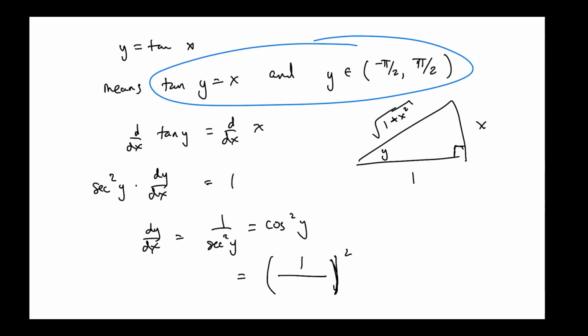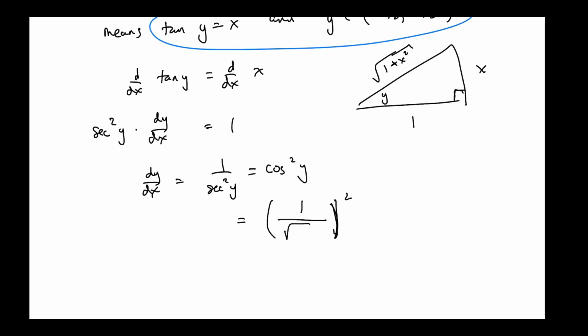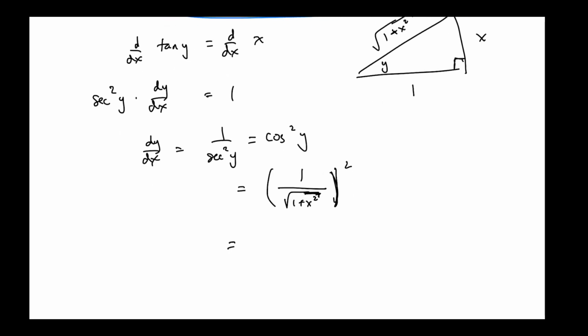Because cosine is what, in SOHCAHTOA? Yeah, adjacent over hypotenuse. So the thing in the parentheses is the cosine. But of course, we had that thing squared. So what happens to the square root? Disappears.